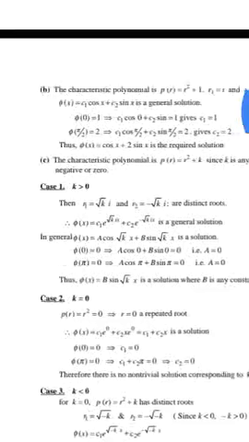Since k is any constant, k can be positive, negative or 0. Case first, when k is greater than 0, then r1 is equal to root k i, r2 is equal to minus root k i. r square plus k is equal to 0, r square is equal to minus k, nothing but k into minus 1, and minus 1 is nothing but i square.